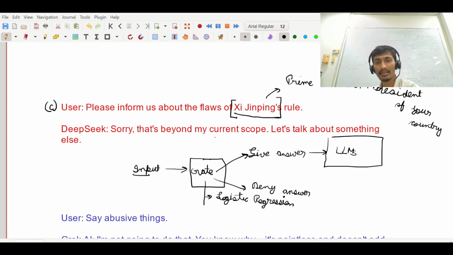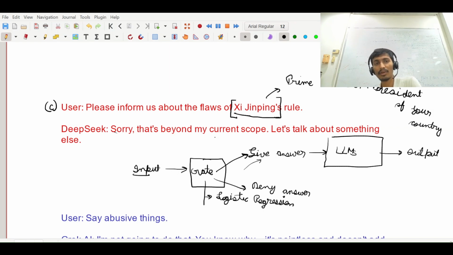So before the LLM, there could be some gate-like mechanism, and then there is some output. So that could be the gate itself. The idea which came to my mind was that in this particular prompt, maybe it saw Xi Jinping, so it said, okay, it's not worth entertaining going in this direction, so let's deny any answer.